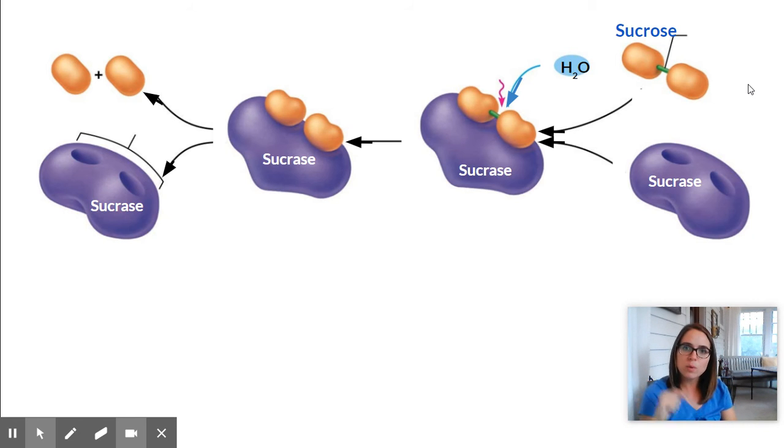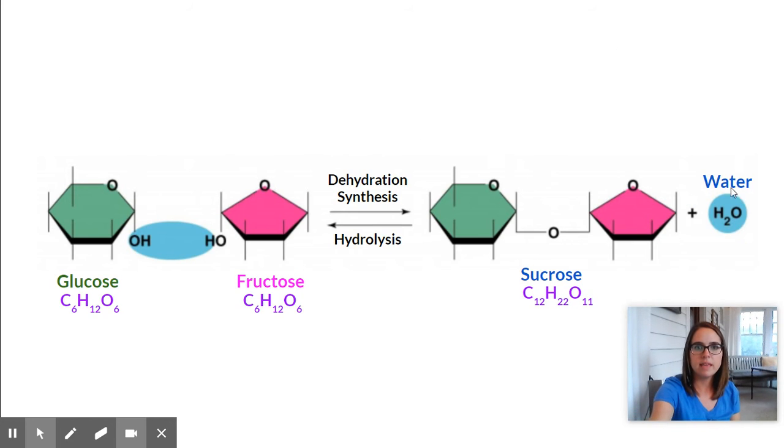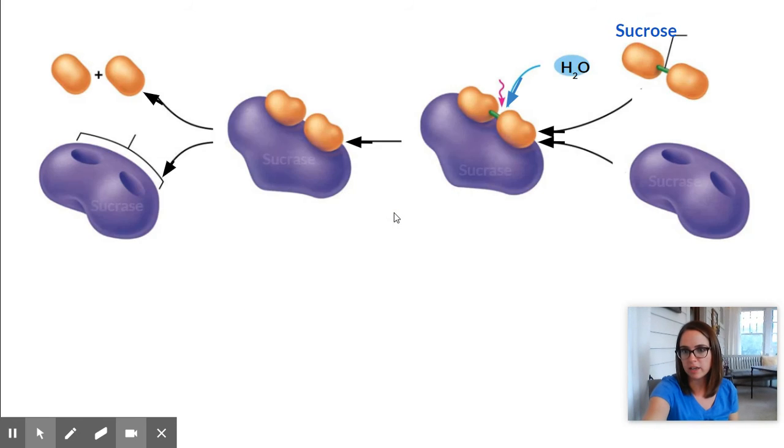So this process where I break apart sucrose is called hydrolysis. And so in hydrolysis, when I break apart sucrose by adding water, I end up with glucose and fructose as my products at the end. Okay. So it works both ways, and enzymes participate in both ways. And so that's why you see on this formula here the arrows going both directions, because it's a reaction that can go both ways.